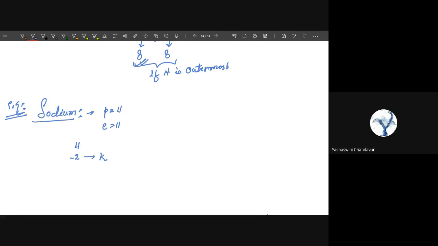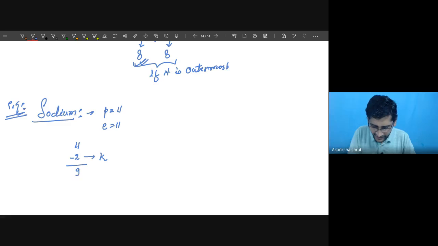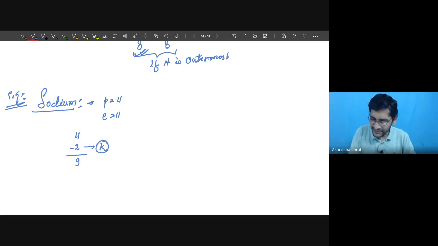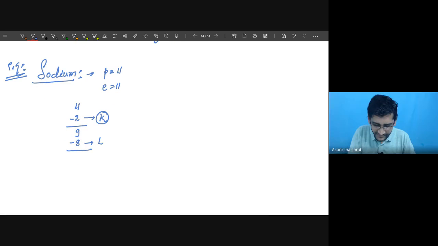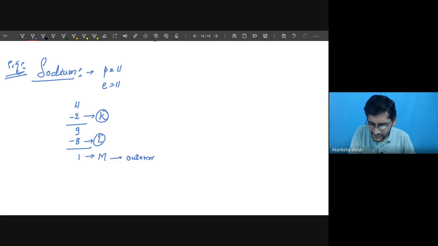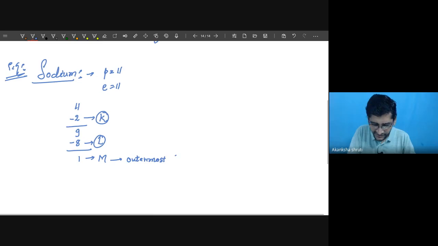Subtracting this 2, it becomes 9. When the K cell is filled with 2, I give to the L cell, whose maximum capacity is 8. Then taking the difference, we are left with 1. This 1 will go to the M cell. Here M is acting as the outermost shell.